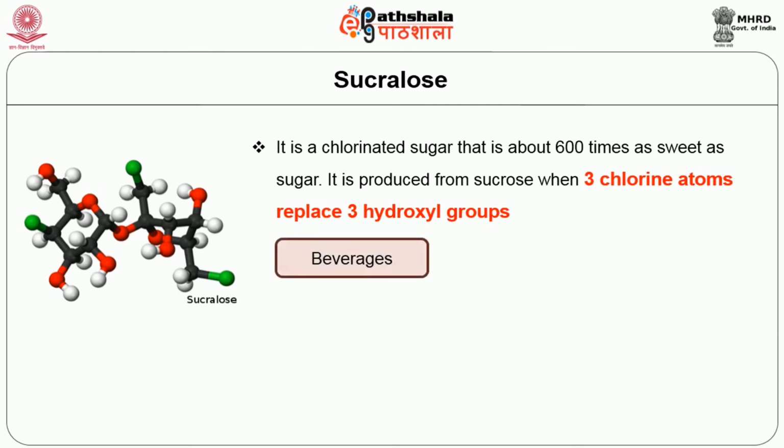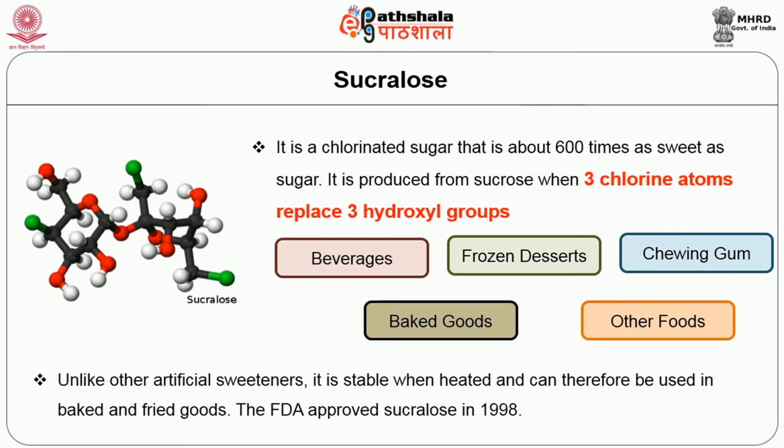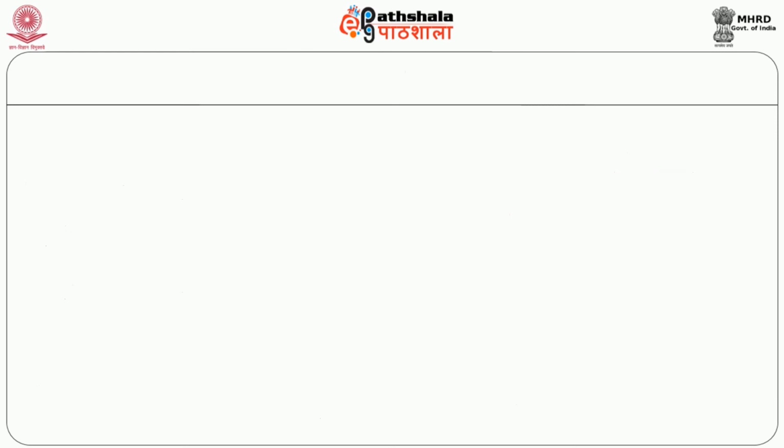It is used in beverages, frozen desserts, chewing gums, baked goods and other foods, and it is also heat stable. Unlike other artificial sweeteners, it is stable when heated to higher temperatures and can therefore be used in baked and fried foods too. The FDA approved sucralose in 1998 and it is also a long used sweetener in the market.